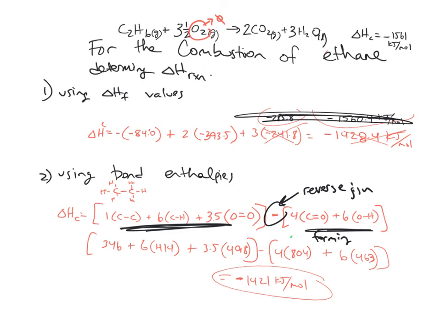But I am guessing this one, I must have done them in order. Oh yeah, because that's a 1. Okay, great. So this is going to be a breaking, this is going to be a forming, and this is going to be a forming. And so here is my reverse of the sign.